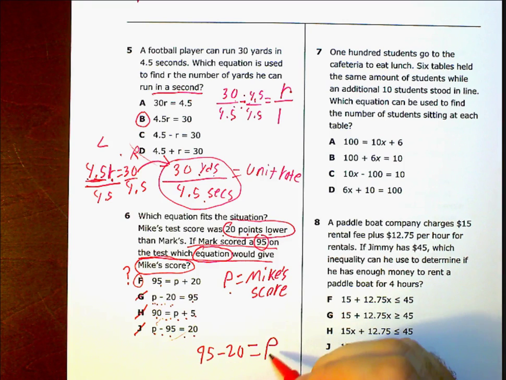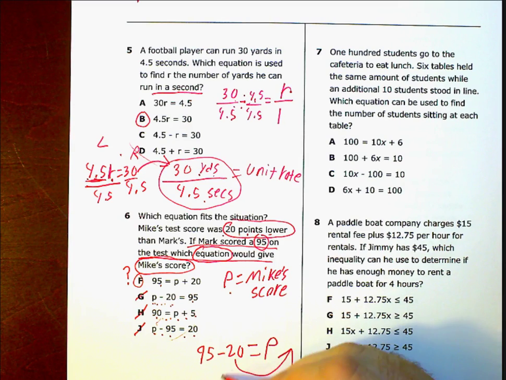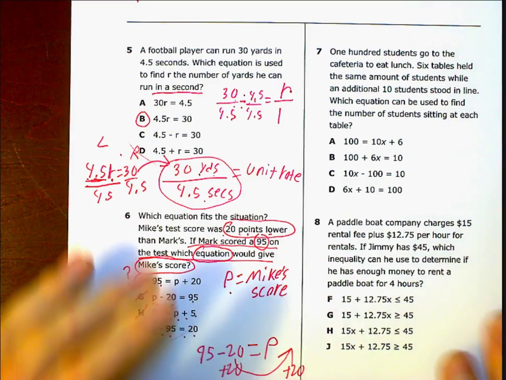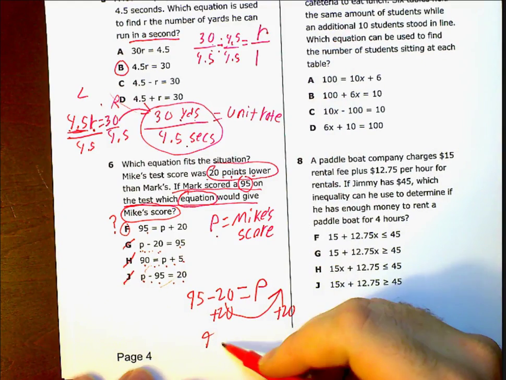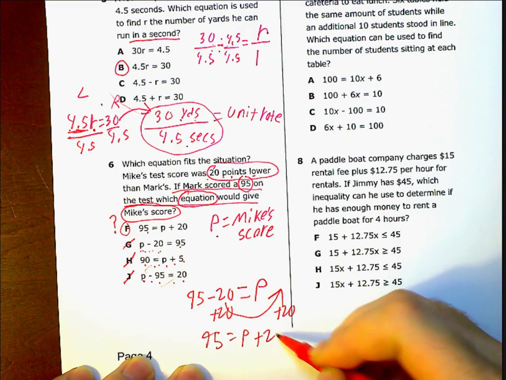So even though they didn't draw it as we did, it's the same thing. Let's say our variable is already isolated, but let's say we wanted to bring this over here. Well, we could just add 20 to both sides, and we would end up with 95 equals P plus 20.